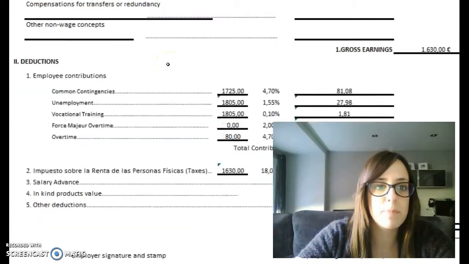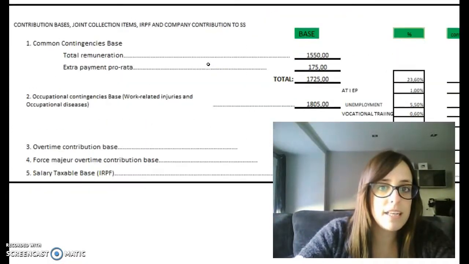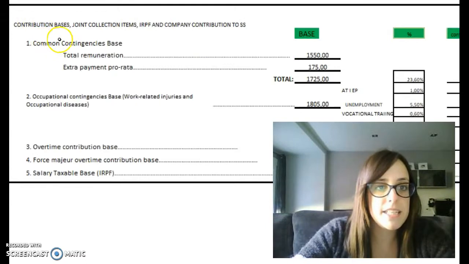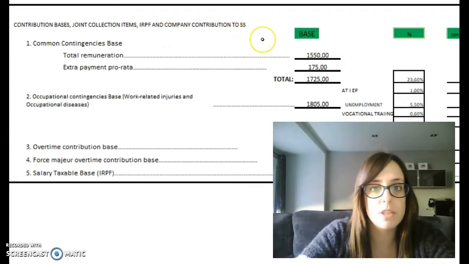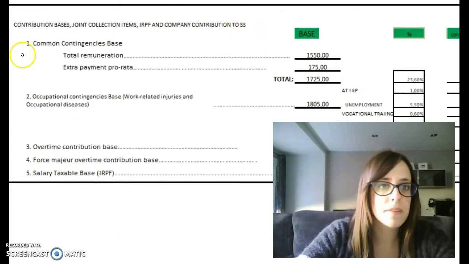And the second step, we calculate the contribution basis, joint collection items, IRPF, and company contribution to social security. The first, we calculate the common contingencies base.